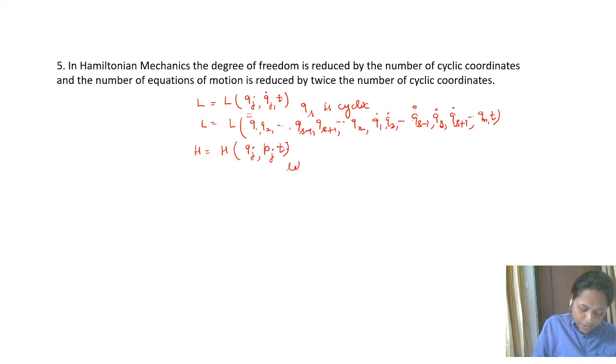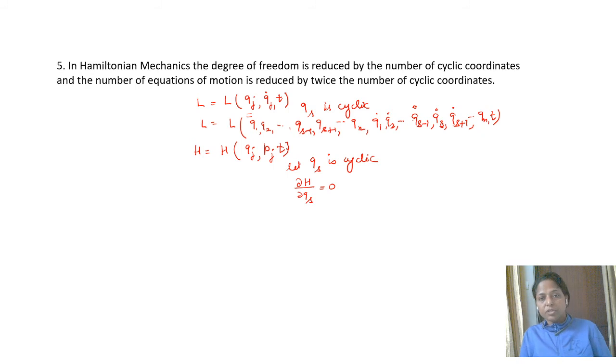Now let qs be cyclic, then delta H, delta qs will also be 0 because it will be cyclic for H as well. So what is delta H, delta qs by the definition of Hamilton's equations?